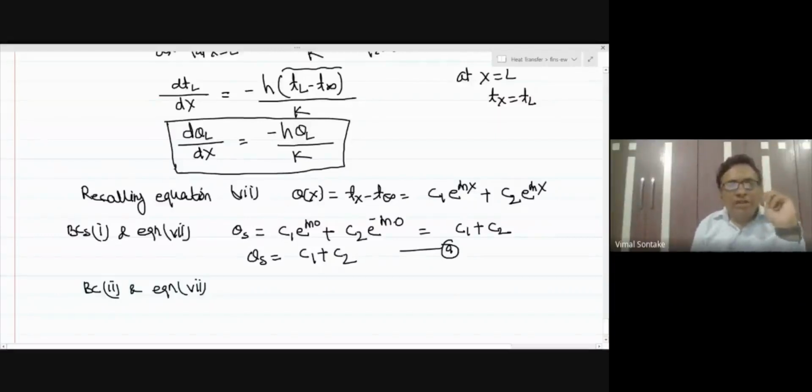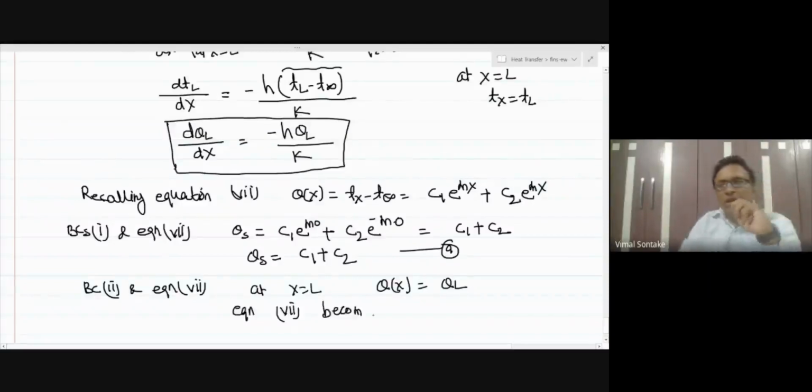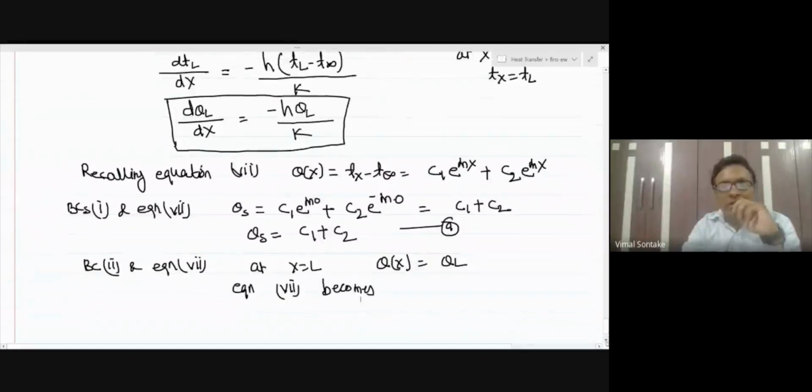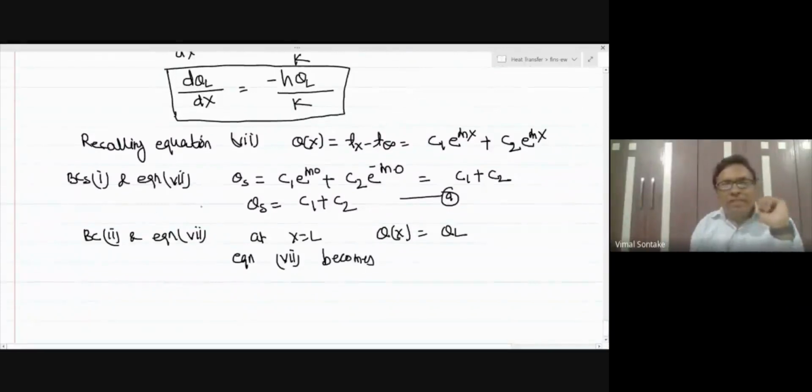Okay, so first I have to get this expression at x equal to L. So at x equal to L, theta x can be written as theta L. So if in equation 7 I put x equal to L, theta x will become theta L. Theta L is equal to C1 e to power mL plus C2 e to power, sorry, this is minus, minus mL.